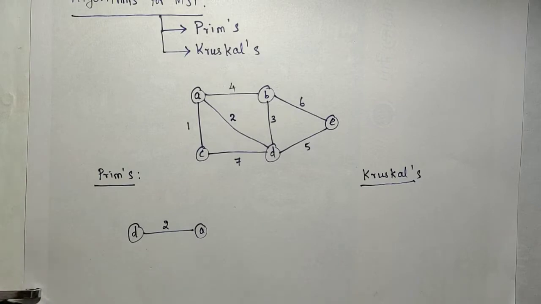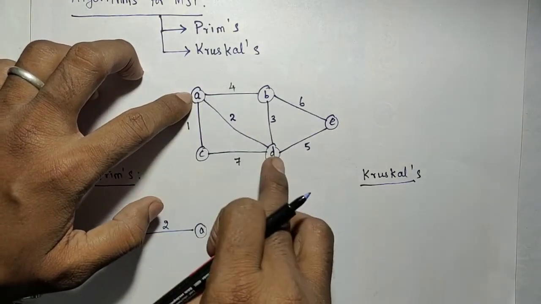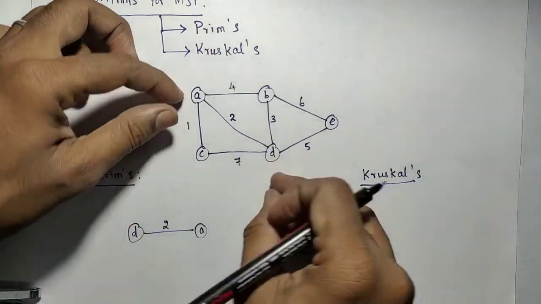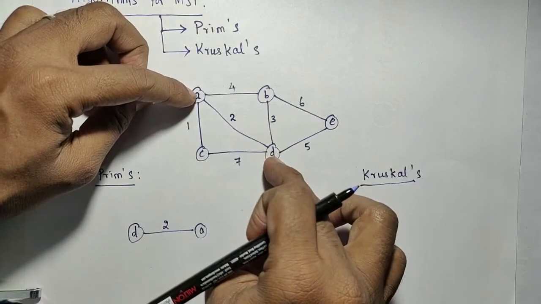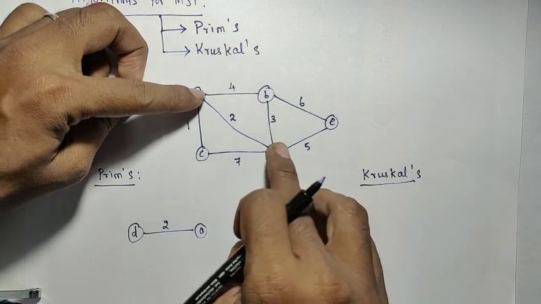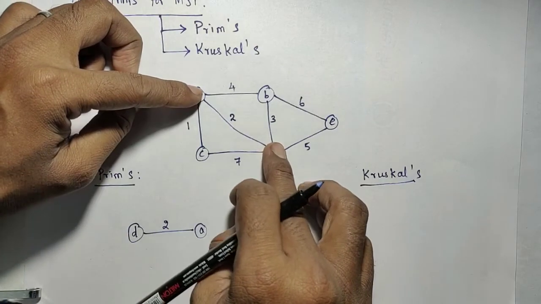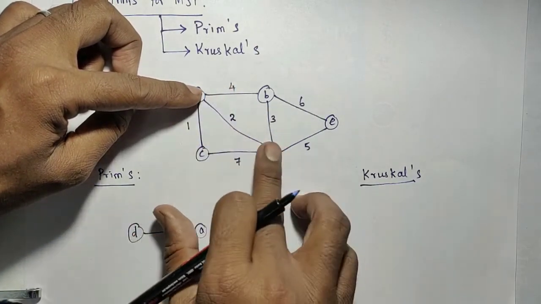We added it. Now consider both vertices A and D, which are in the tree. What are all the leaving edges? Identify them. From A and D, the leaving edges are 3, 4, 1, 7. Correct?